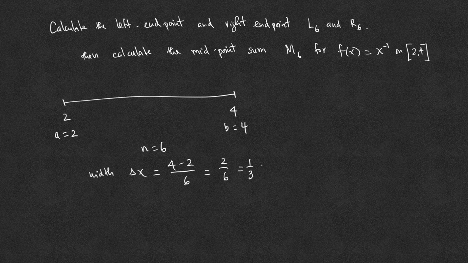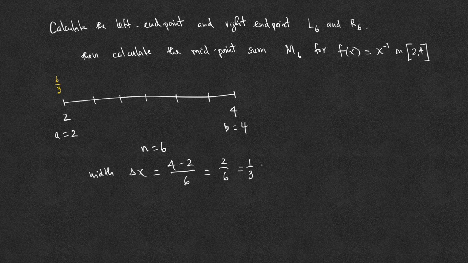We then divide, or partition, this interval into 6 subintervals. Each of these subintervals has a width of 1 over 3. We then turn a into a number with denominator 3. 2 is 6 over 3.